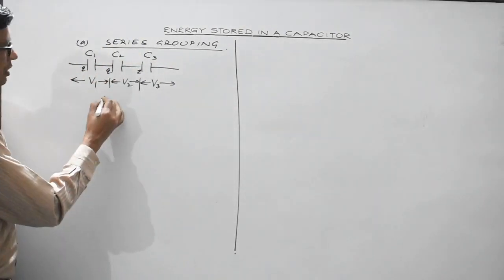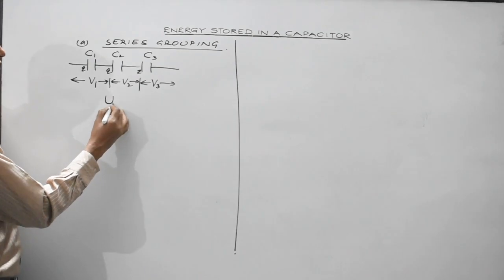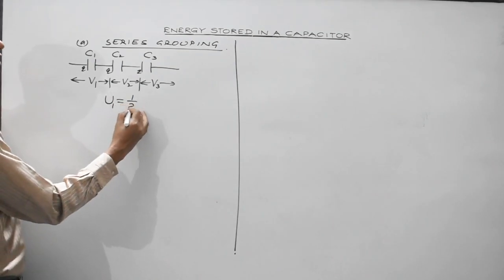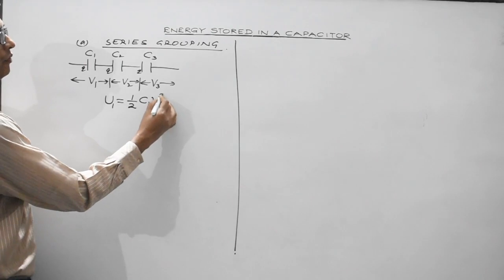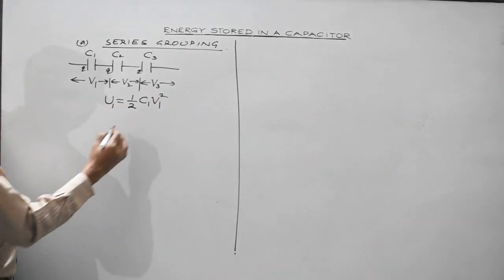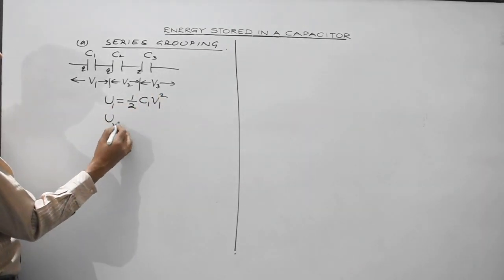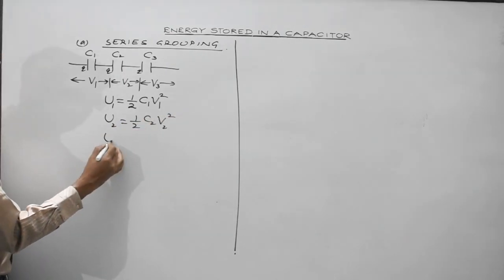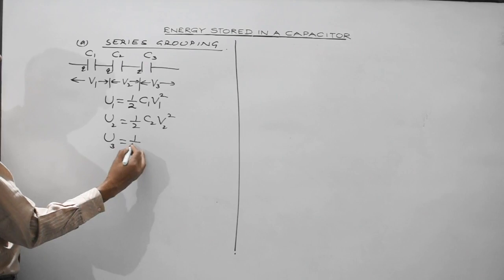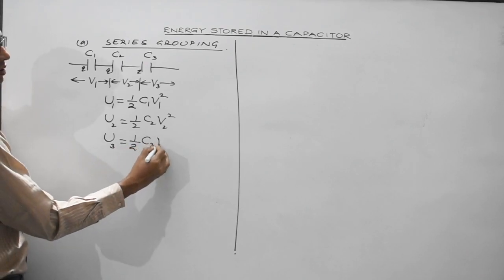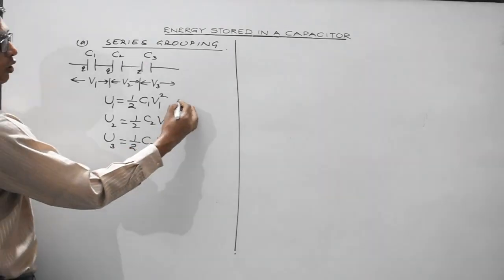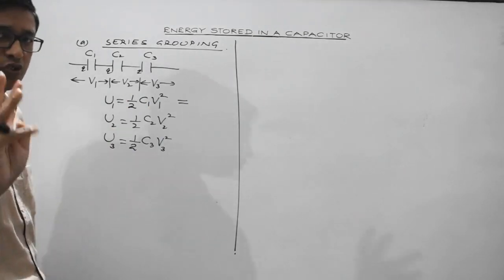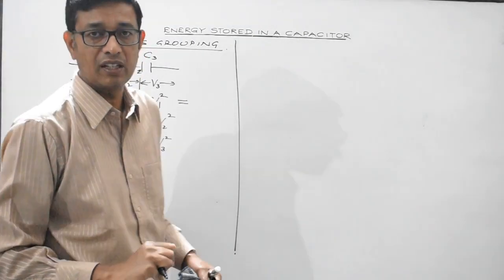Now, energy stored in the first capacitor would be given by half C1 V1 square, right? Energy stored in the second capacitor would be given by half C2 V2 square. Similarly, energy stored in the third capacitor is given by half C3 V3 square. Also, there are 3 expressions for the energy stored in a capacitor.